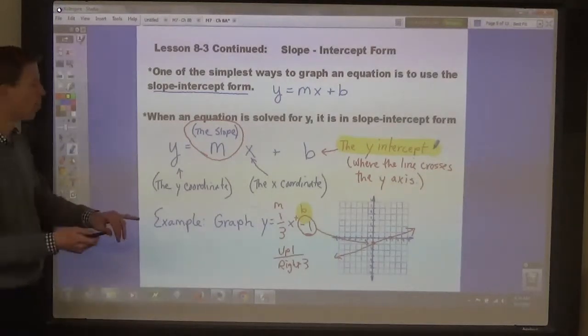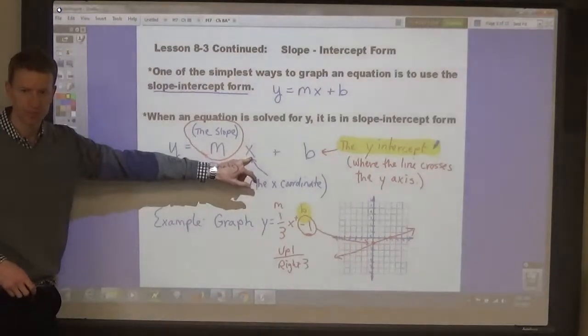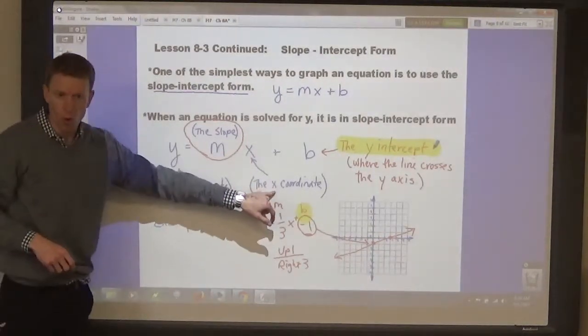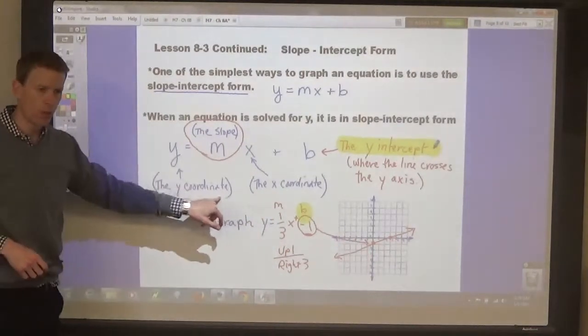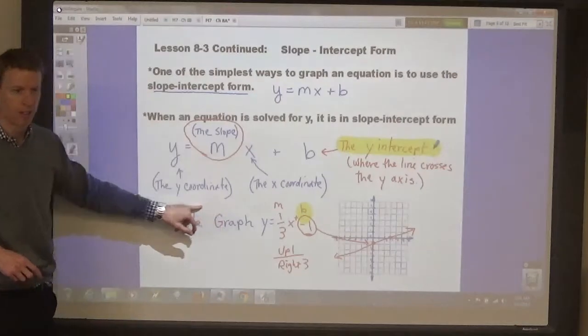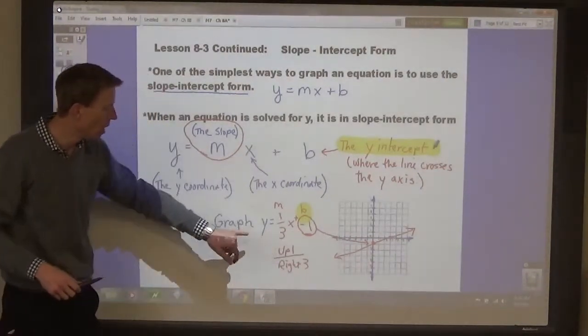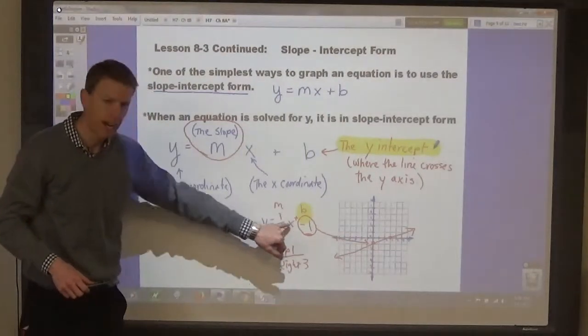So let's take an equation that's in slope-intercept form. Oh wait, let me back up one thing. We also have the x and the y in the equation. The x refers to the x-coordinate, and the y refers to the y-coordinate. But when we have an equation in slope-intercept form, those just stay as x and y.